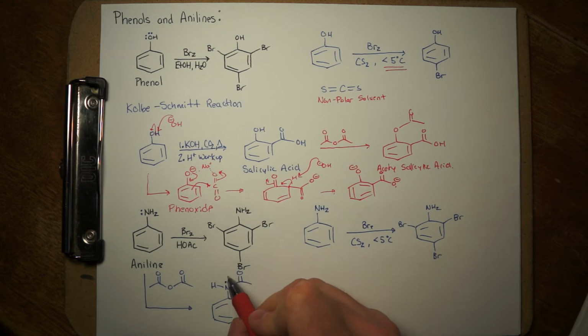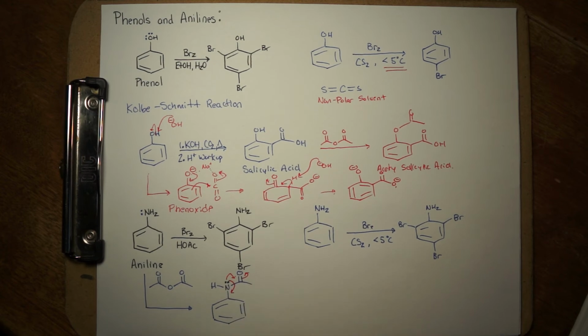But these lone pairs of electrons can also donate into the carbonyl, right? And as the oxygen is an electronegative atom, it's actually probably better for those electrons to move up towards oxygen than they would be to move into the ring. So even though this is still an activating group and still an ortho-para director, it's significantly less reactive than aniline because we're putting on a group that's distracting those electrons away from the ring.